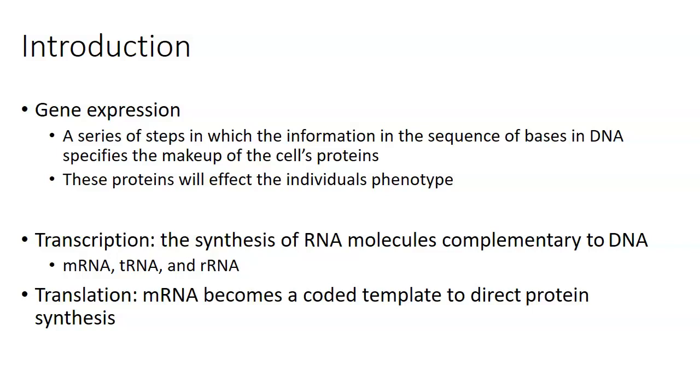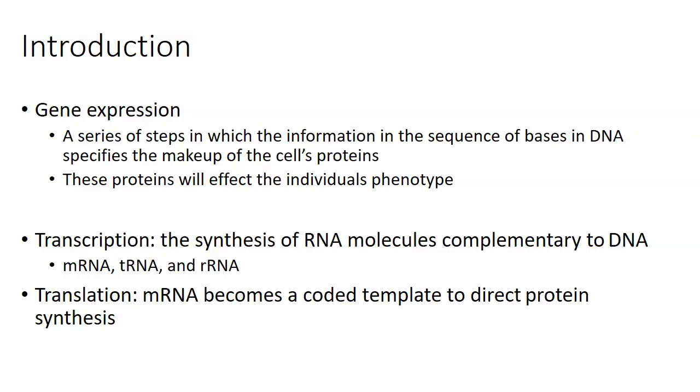Now there are three types of RNA that are made in this process of transcription. They are mRNA, where M stands for messenger, tRNA, where T stands for transfer, and rRNA, where R stands for ribosomal. We're going to talk about those three different types of RNA in just a few minutes.